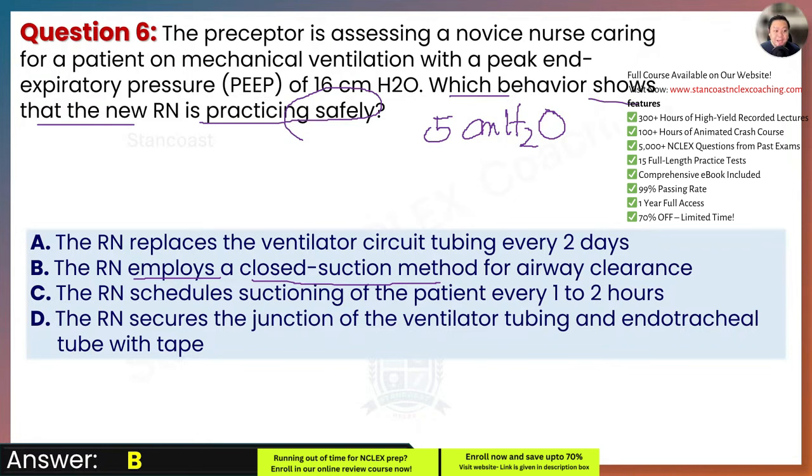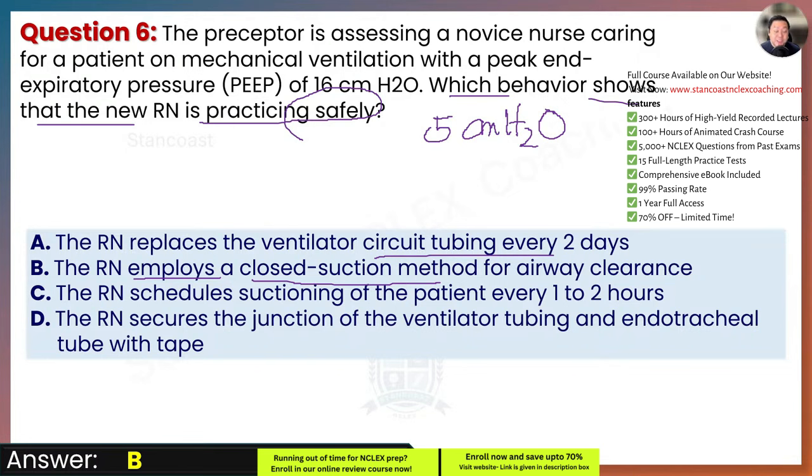Now, what about letter A? Why is this incorrect? So the clue here is changing the circuit tubing every 2 days. So this suggests a routine change, which is not recommended. All right. So if there are going to be frequent circuit changes, this is actually going to increase the risk of ventilator associated pneumonia by disrupting the system.